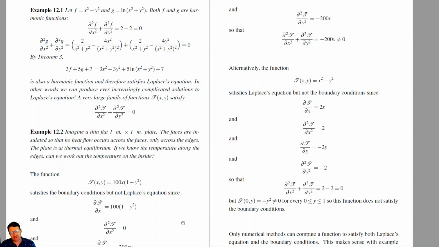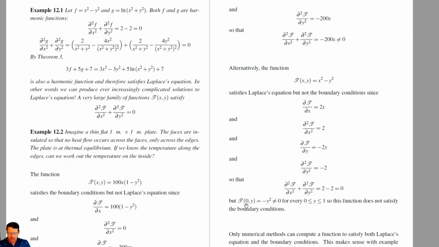Okay, now let's look at this function, x squared minus y squared. So we know that this satisfies Laplace's equation because we just did this in example 12.1, but it doesn't satisfy the boundary conditions. And I probably should have specified the boundary conditions in here. I think it probably was in a picture there that was not carried through when I compiled this.